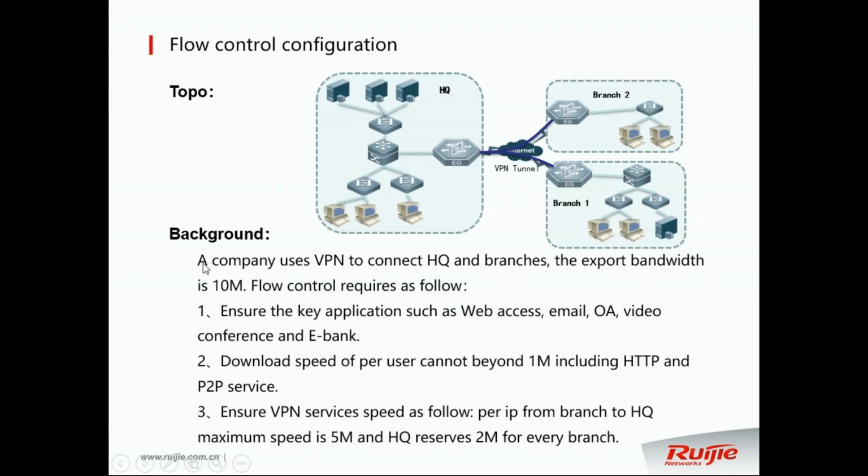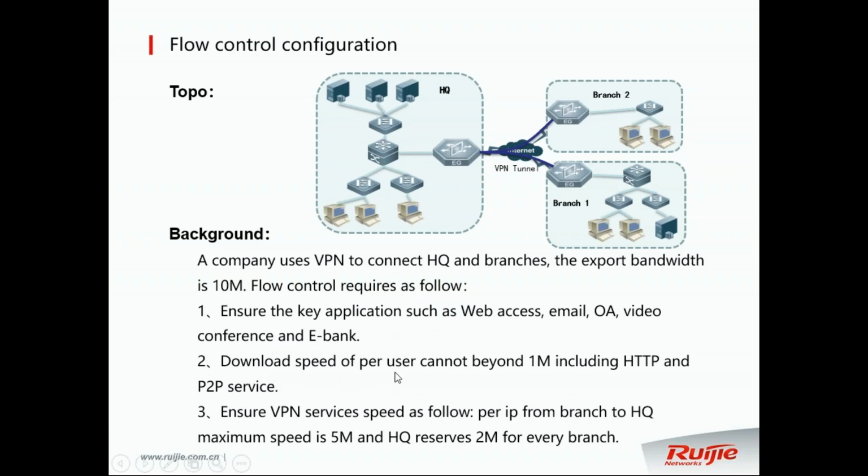Okay, so let us see this example. The background: a company uses a VPN to connect the header and branches. The export bandwidth is 10 megabit. The customer has these requirements. First, he hopes to ensure the key applications. What are the key applications? Web access, email, OA, video conference, like us now, and e-bank. He wants to keep these as key applications; in fact, he wants to ensure the bandwidth for these services. Then he also wants to limit the speed.